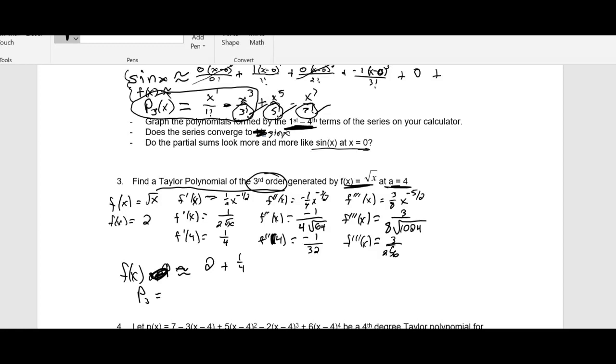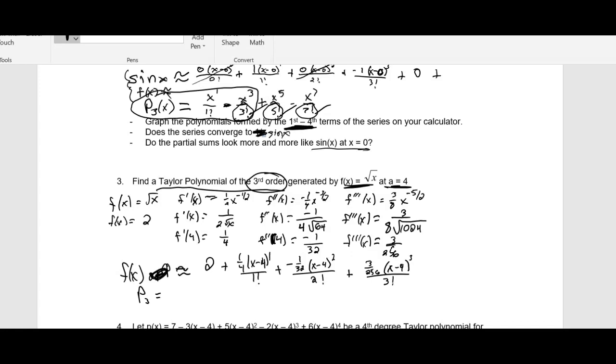Then we want our first derivative, first power, first factorial. Then we would want our second derivative at 4, second power, second factorial. Then we would want our third derivative at x equals 4, third power, and then our third factorial. That's our polynomial term.